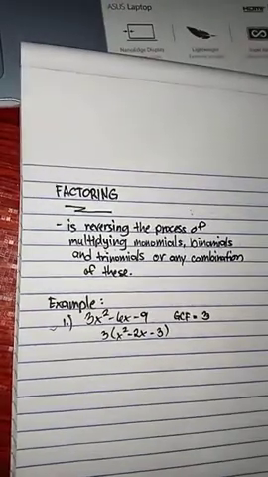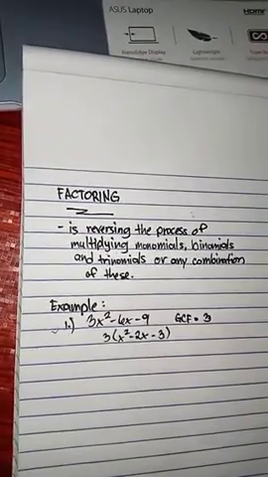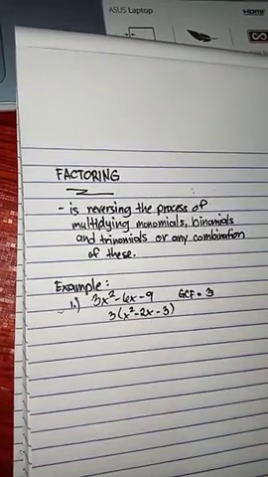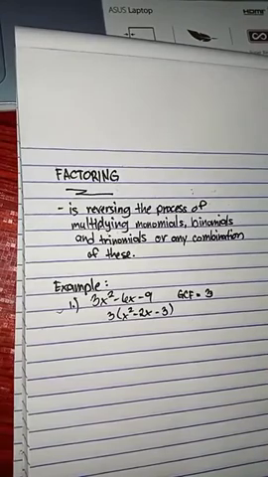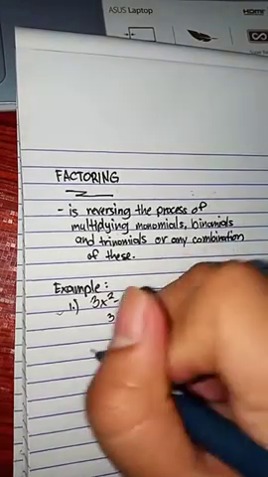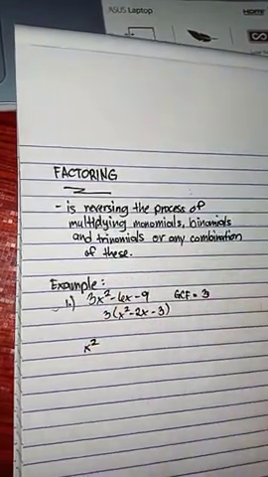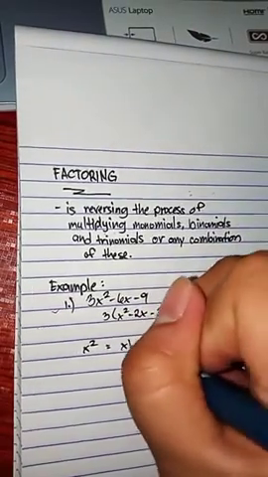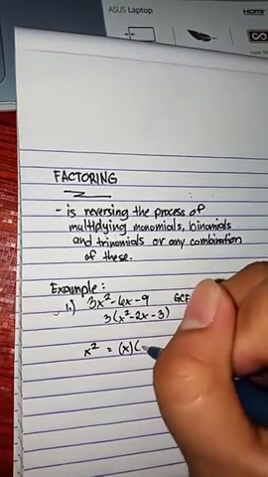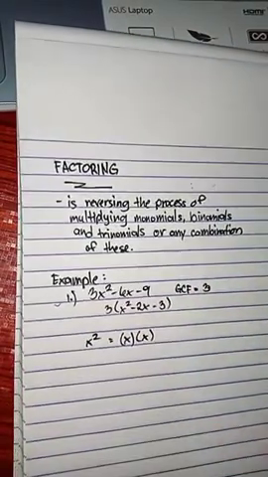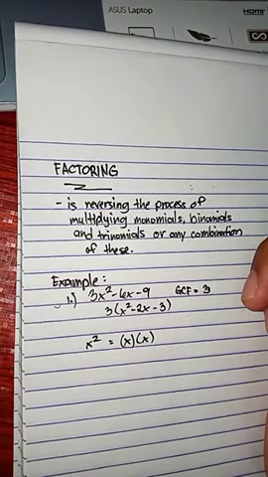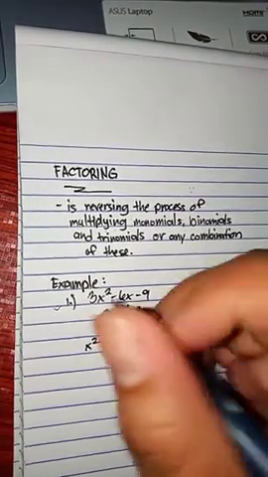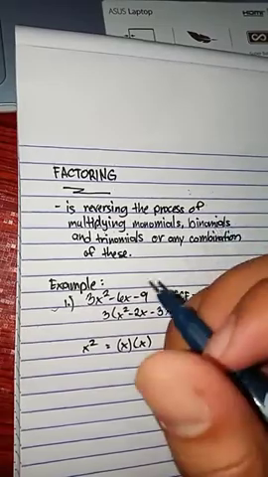Now we're going to the second step. Our second step is the first term, x squared, can be factored as x multiplied by x. Then factor the last term into its products.